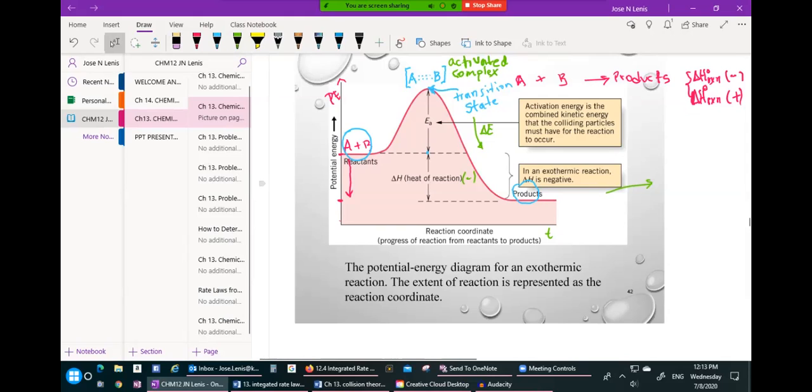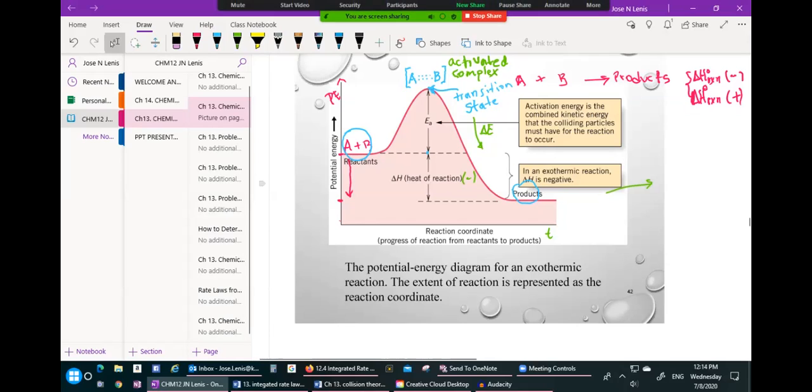Reactions can go from reactants to products in one step, or 2 or 3 steps, or more steps. When you show those individual steps during the chemical reaction, that's what we call the reaction mechanism.